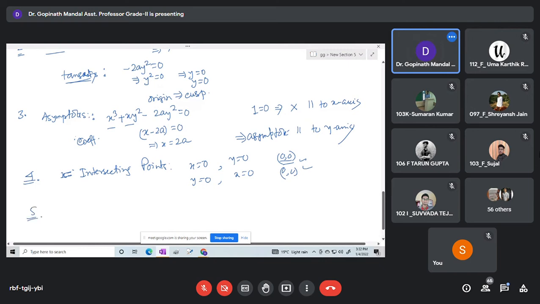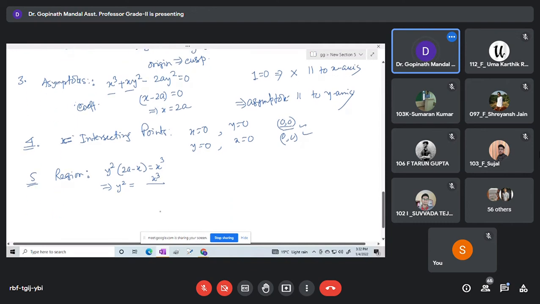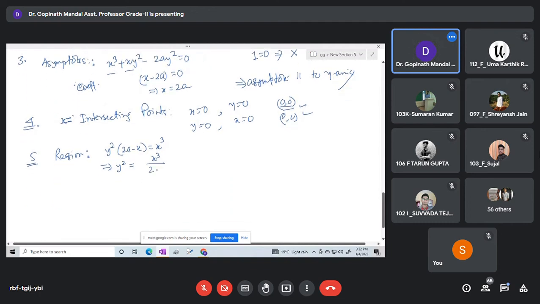And fifth is the region. Now we have the curve y square (2a minus x) equal to x cube. So y square will be x cube by (2a minus x). Now we consider the case when x equal to 2a, x greater than 2a, and x less than 2a.